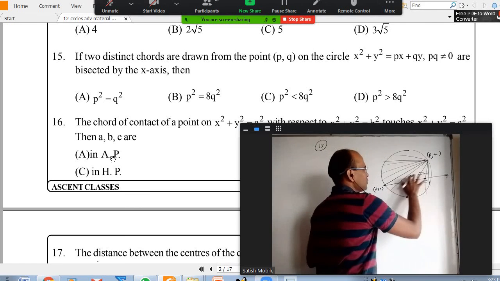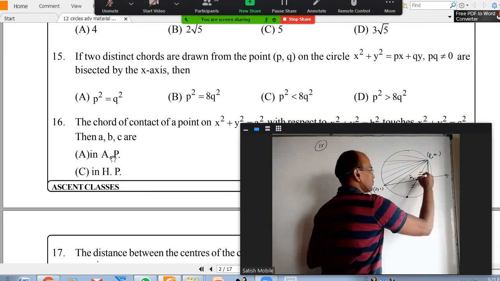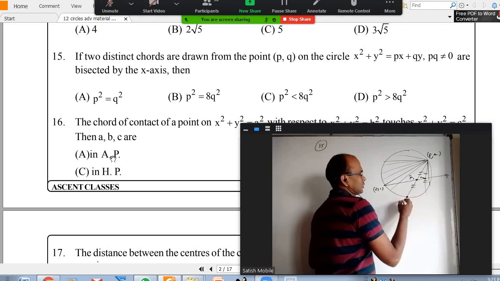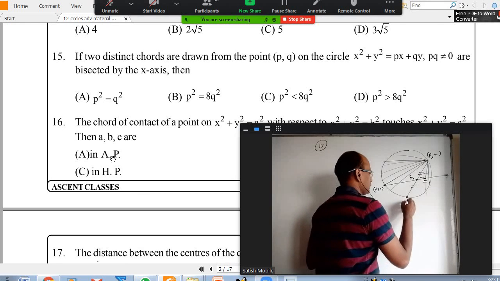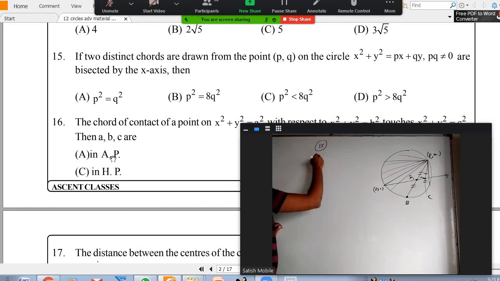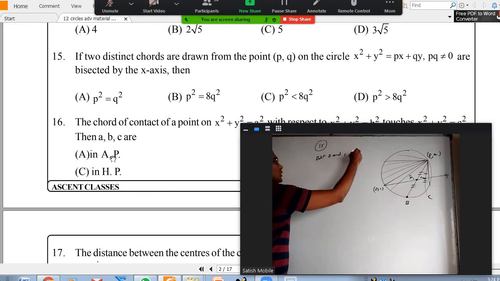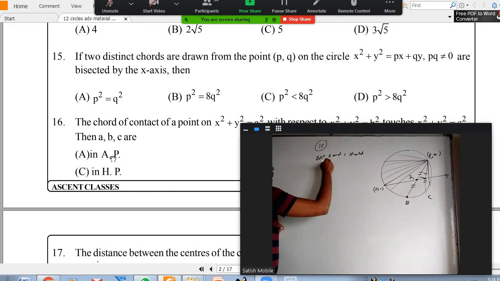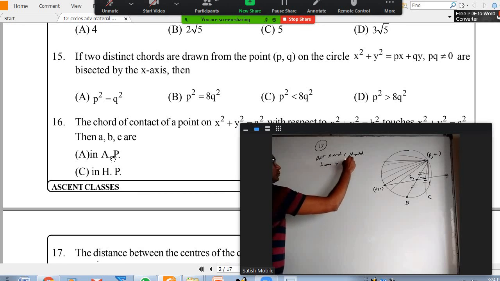I'll take these 2 midpoints as M1 and M2. This has some B and C, let us say. Both B and C should have y coordinate as minus q.